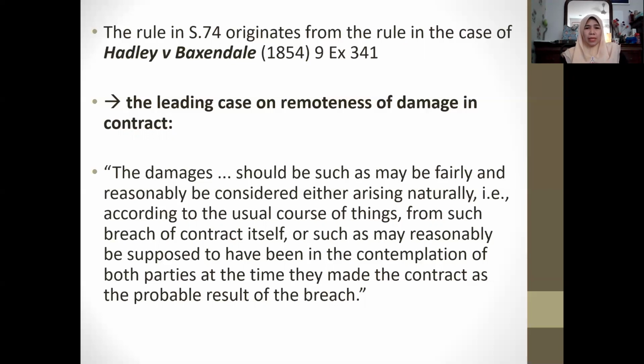The damages should be such as may fairly and reasonably be considered either arising naturally, that's why the words were adopted into our Section 74, according to the usual course of things, from such breach of contract itself, or such as may reasonably be supposed to have been in the contemplation of both parties at the time they made the contract as the probable result of the breach. So basically, this part of the judgment from Hadley v Baxendale is adopted into our Section 74 Contracts Act 1950.